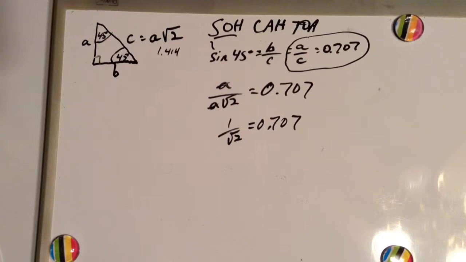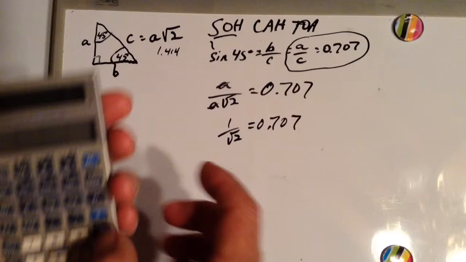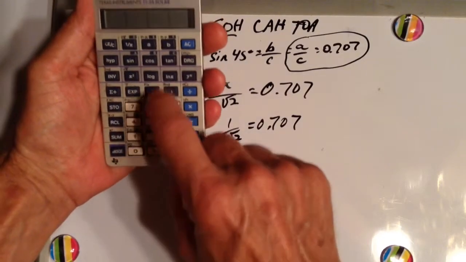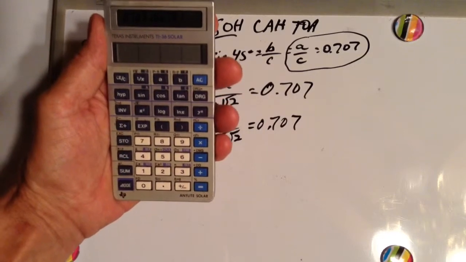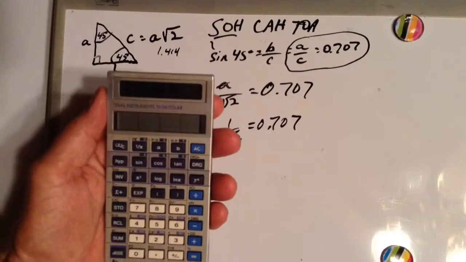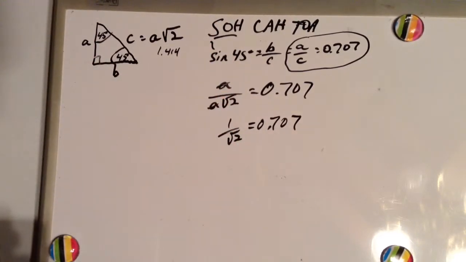Okay, if you press the 4 and the 5 buttons on your calculator and then press the cosine, COS button, you'll see that the cosine of 45 degrees is equal to the sine of 45 degrees. Here we go, 45 cosine, there it is, 0.707106781, just like the sine of 45 degrees. Why?